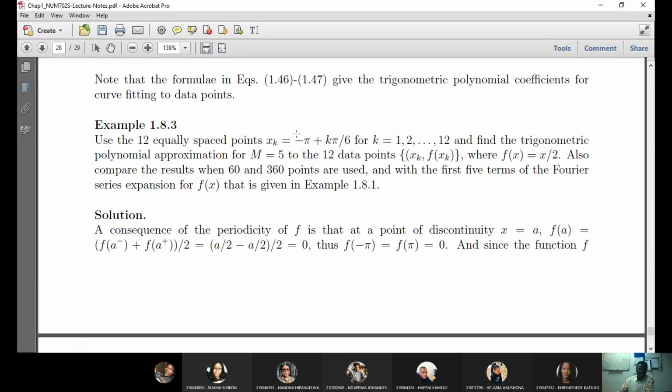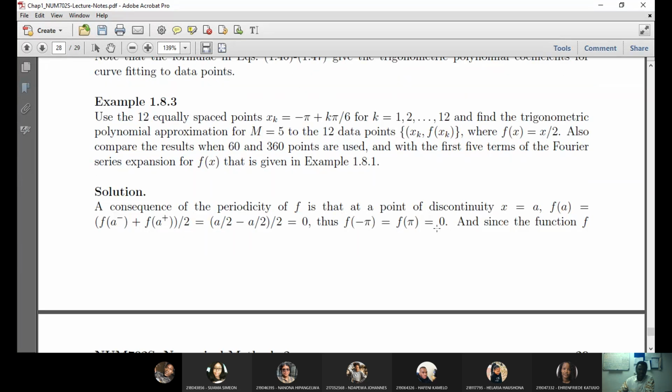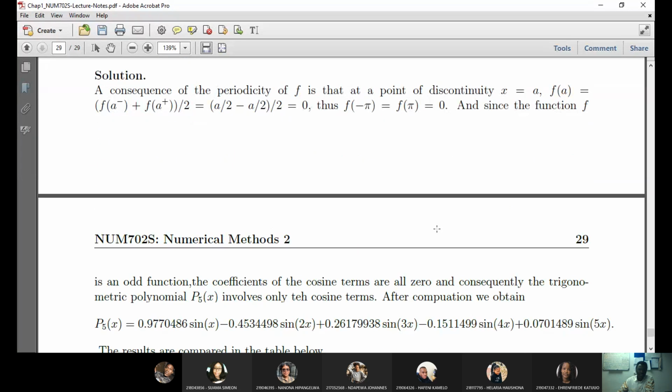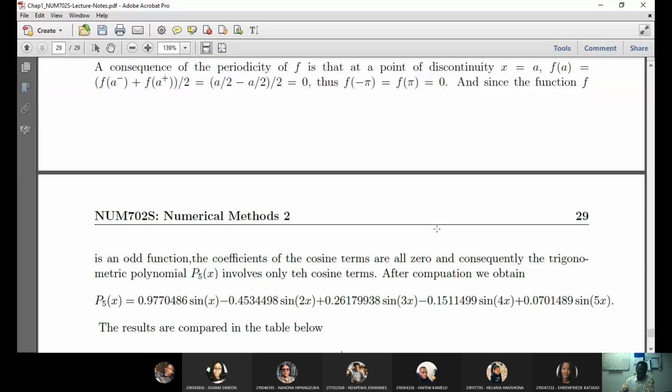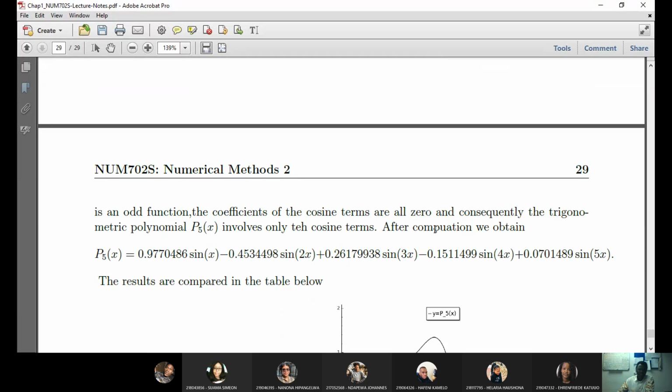And you also know that the function is an odd function, right? If you look at this one, in the interval negative pi, pi, it is an odd function. That one also we know already. And for that purpose, if it is an odd function, the cosine coefficients will all be 0. All right, so this is the information. And therefore, this will only involve sine.